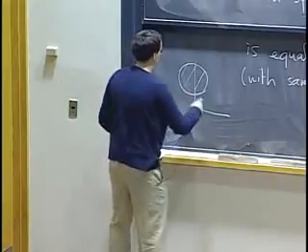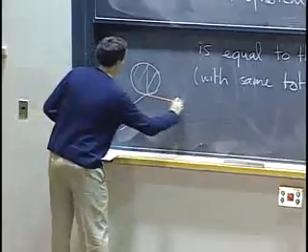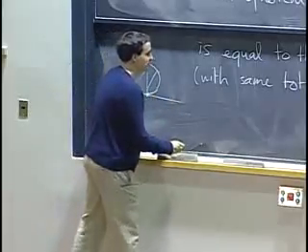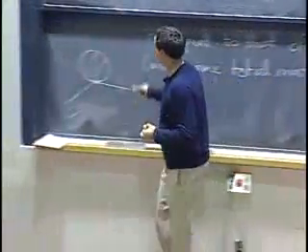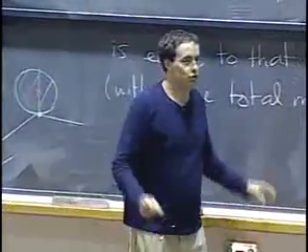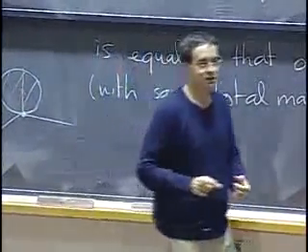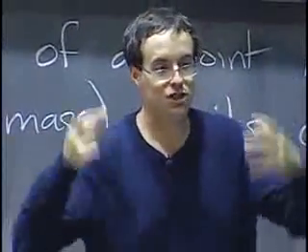The case that we actually know how to do fairly well is if you're just at the surface of the planet. But then what the theorem says is that the force that you're going to feel is exactly the same as if you removed all of the planet and you just put an equivalent point mass here. So if the Earth collapsed to a black hole at the center of the Earth with the same mass, well, you wouldn't notice the difference immediately. Or rather, you would, but at least not in terms of your weight.